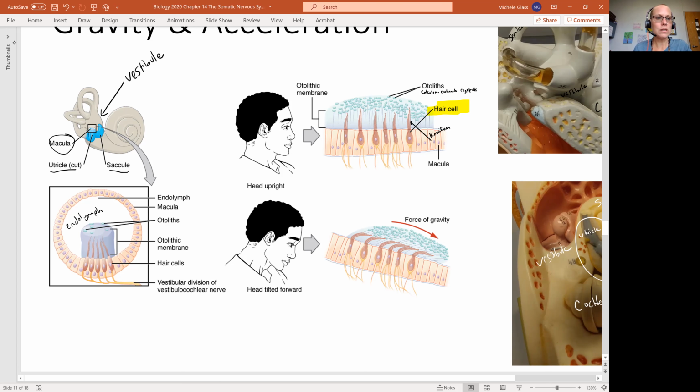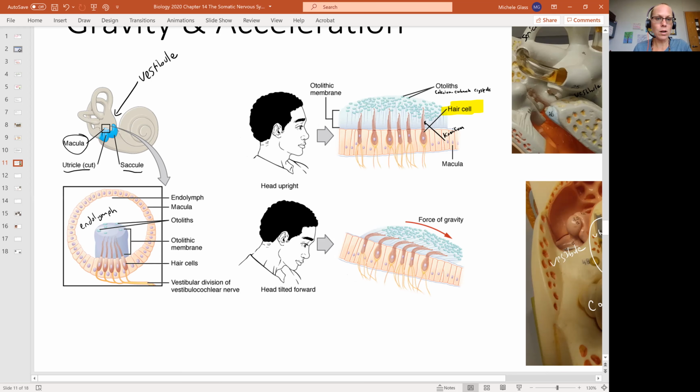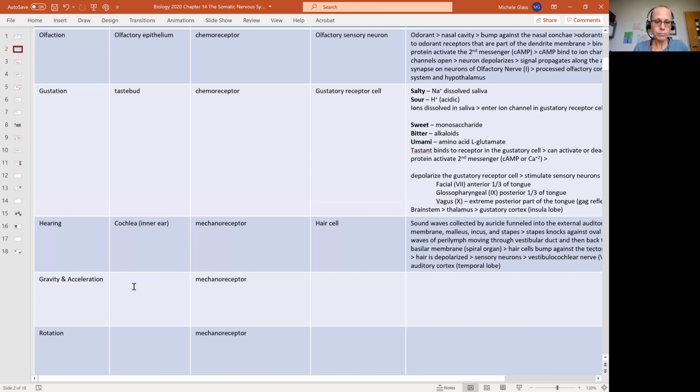So let's take just a minute and go back up to our table that we've been filling in. When it gets to gravity and acceleration here, I would actually list the maculae as my structure. And then I would say, maculae of the vestibule in the inner ear.